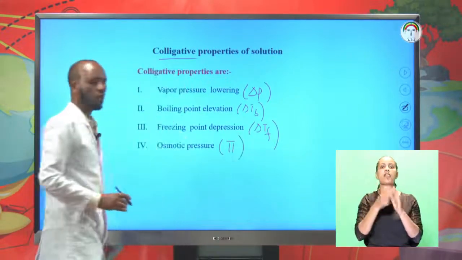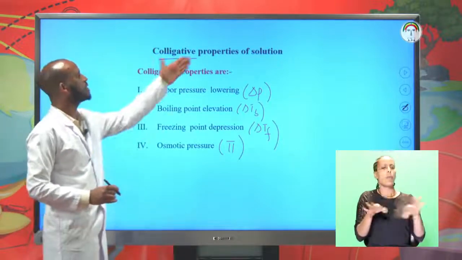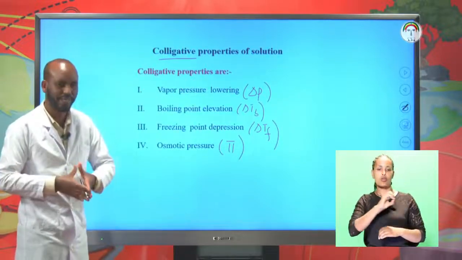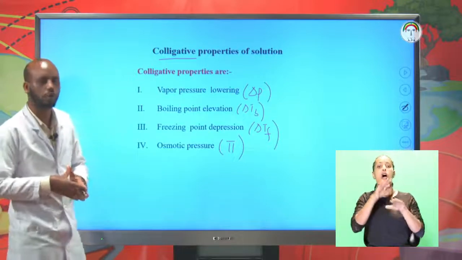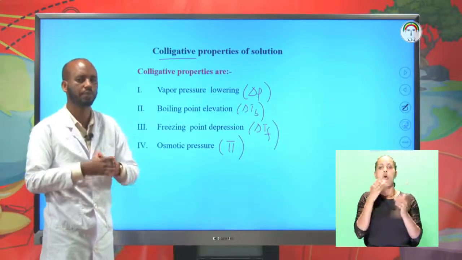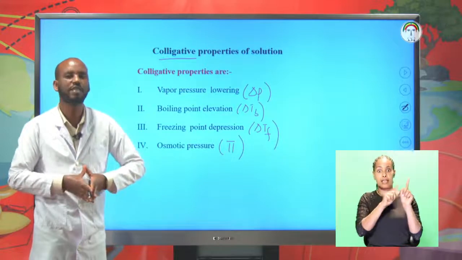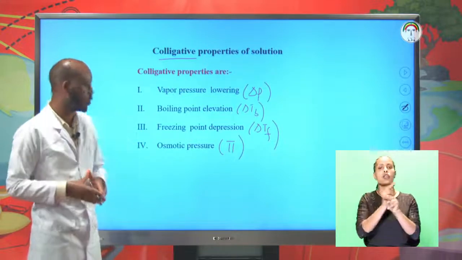These are the 4 most important colligative properties of a solution that depend on amount or concentration of solutes, regardless of the kind or nature of solutes.